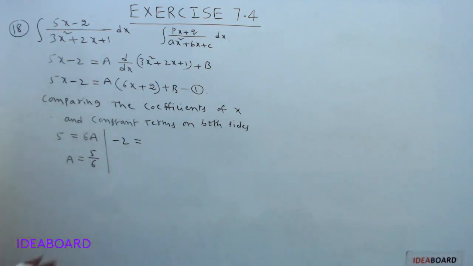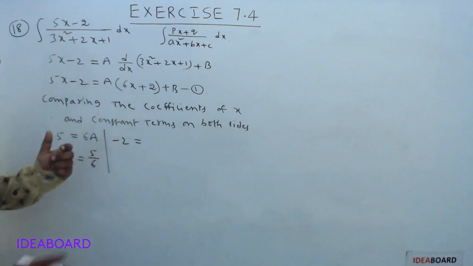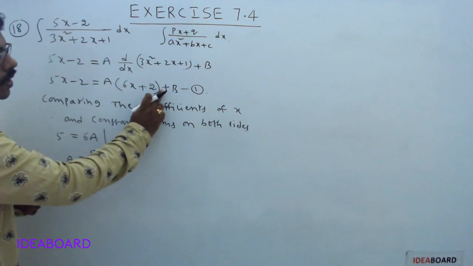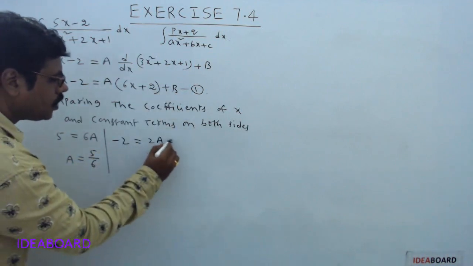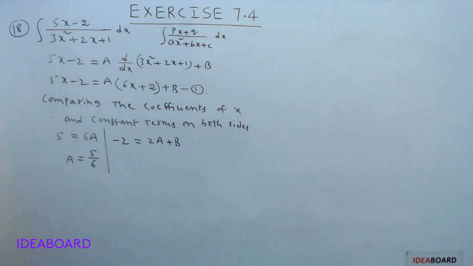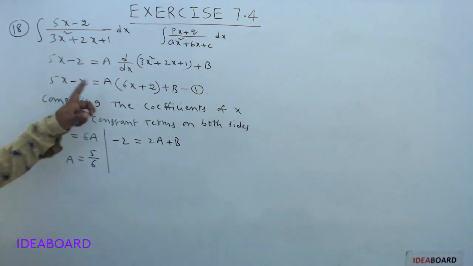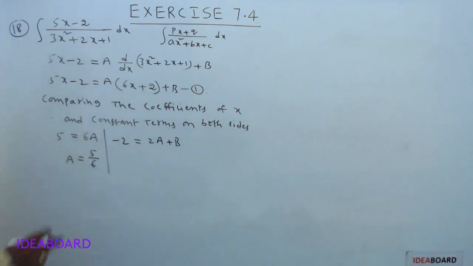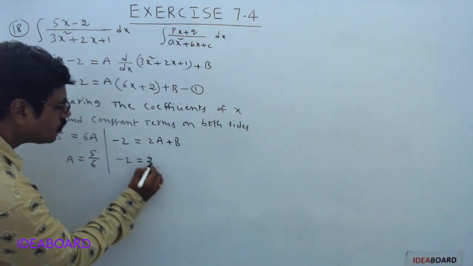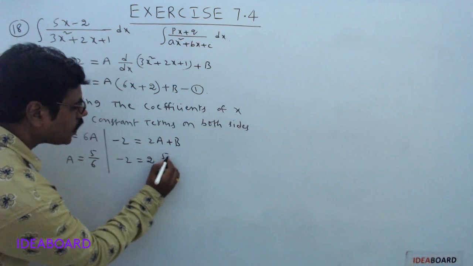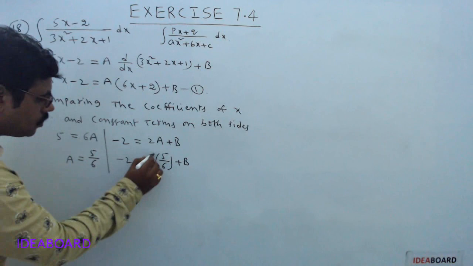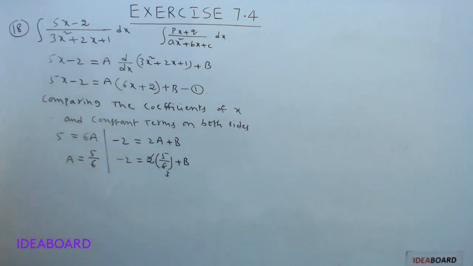So −2 equals, the constant term on the right hand side, 2 multiplied with A, 2A plus B. Comparing the constant terms on both sides, we are getting −2 = 2A + B. Now substitute the value of A in this equation: −2 = 2 into 5/6 plus B. Now 2 will be cancelled in 6 three times.